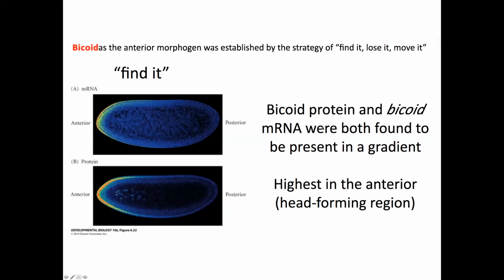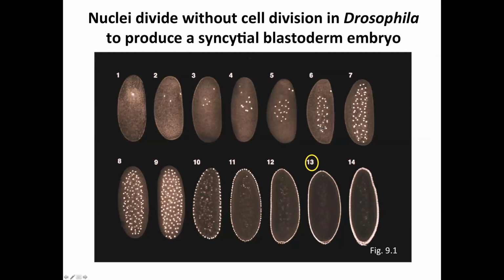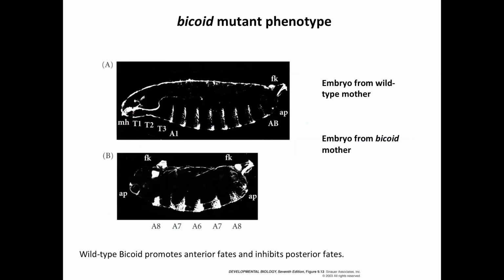So if you see the previous slide here, certain structures of the abdomen form in a Bicoid mutant, but some, A1 to A5, are lost. So you have 8 abdominal segments, and in a Bicoid mutant, you have A6, A7, A8 forming, correct? But that means A1 to A5 are lost.